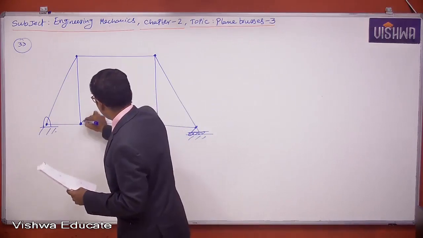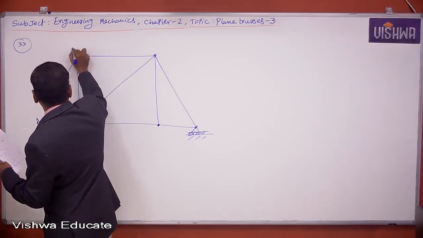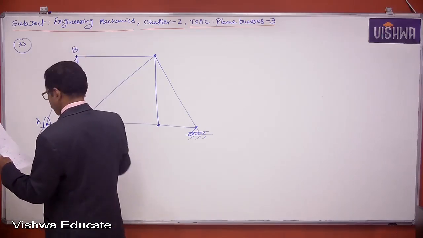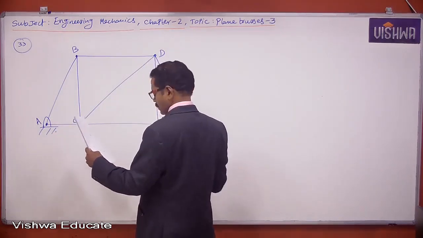And these two are joined. This is A, this is B, this is C, D, E and F.